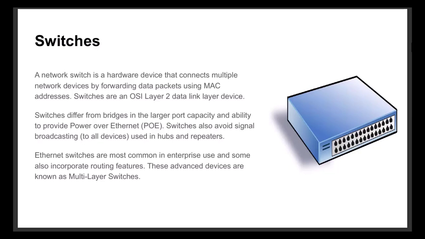Remember, a MAC address is going to be the identifier that is contained on the network interface card for all of our connected devices. And our switches will keep an updated table for the MAC addresses for all of our network devices so that we can send and receive data within our local area networks.